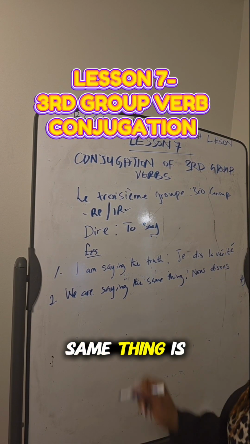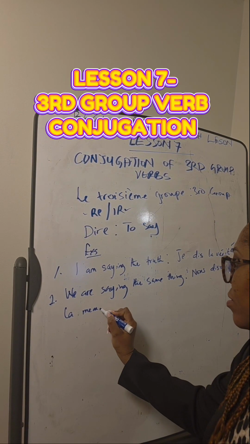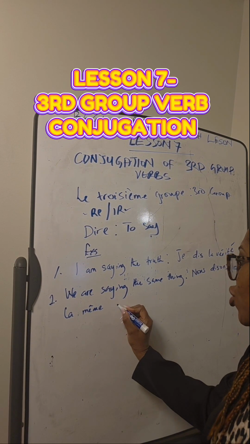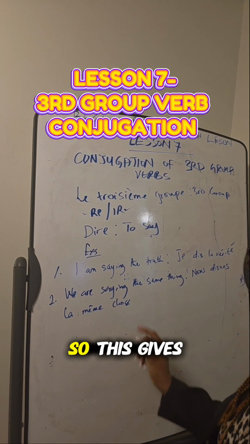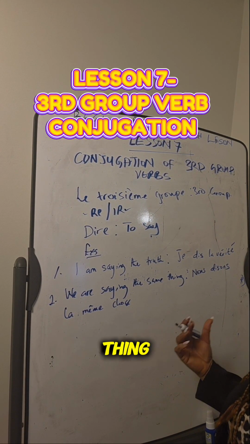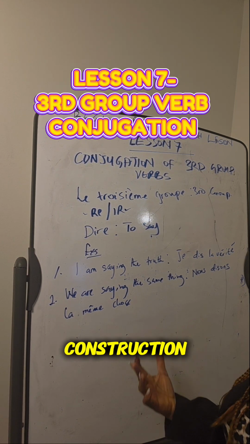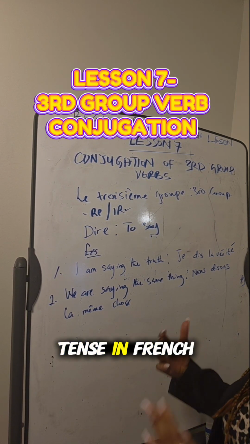The same thing is called la même chose. So this gives you we are saying the same thing. That is how you use your verb dire to make sentence construction in the present tense in French.